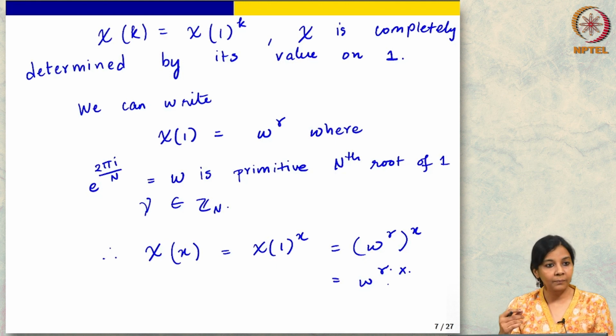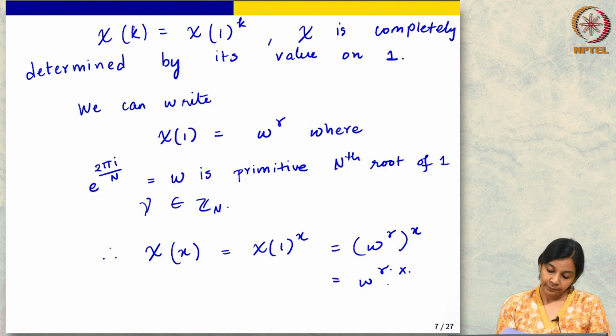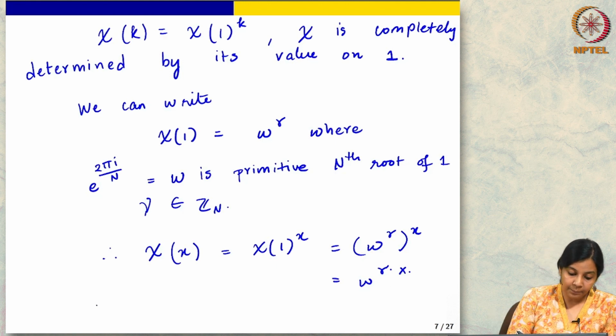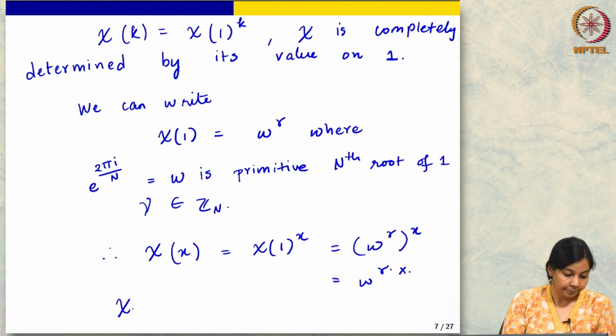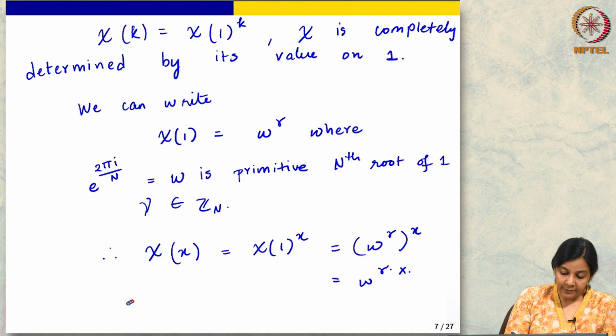So the fact that chi of 1 is an nth root of unity, this is one of the important things that we saw. And this implies that, okay, in fact let me do this a little more carefully.